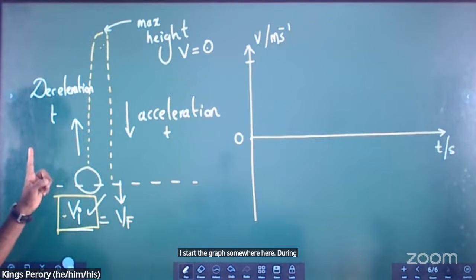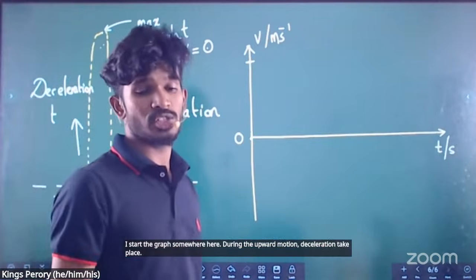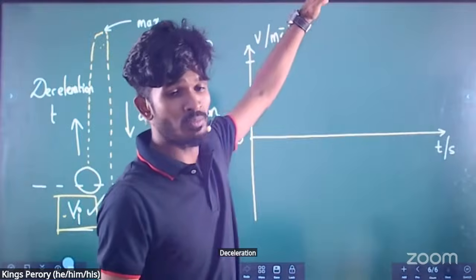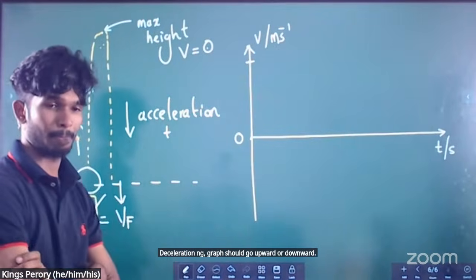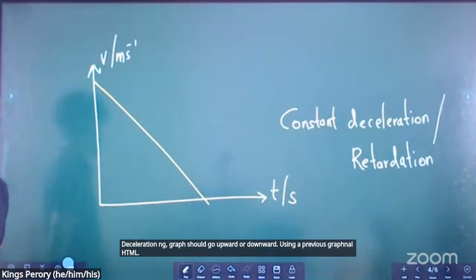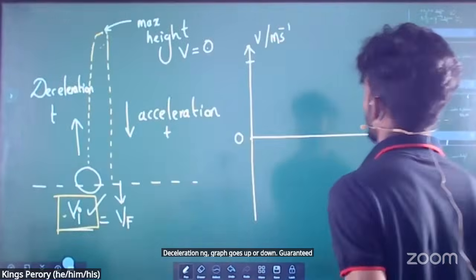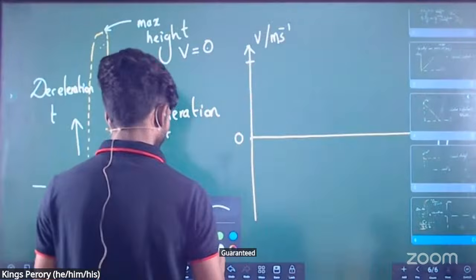During the upward motion, deceleration takes place. With deceleration, should the graph go upward or downward? Using your previous graph knowledge, tell me. Guaranteed down. The graph goes down.